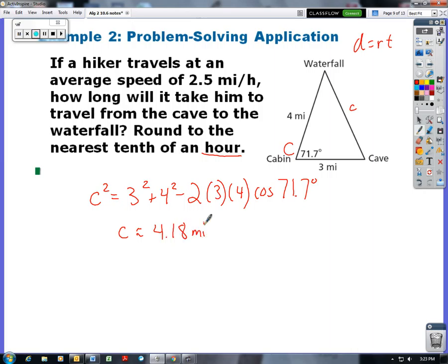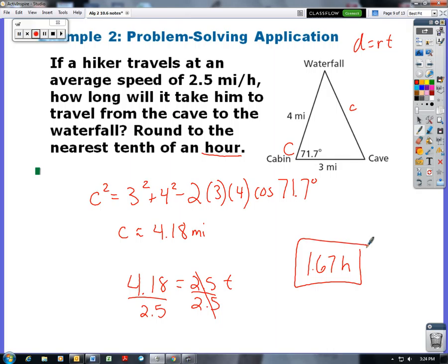And then we can plug that in the dirt formula in order to get the time. So 4.18 equals rate 2.5 miles per hour times the time. That means we're going to be dividing both sides by 2.5. And when we do that, we should get 1.67 hours for our final time.